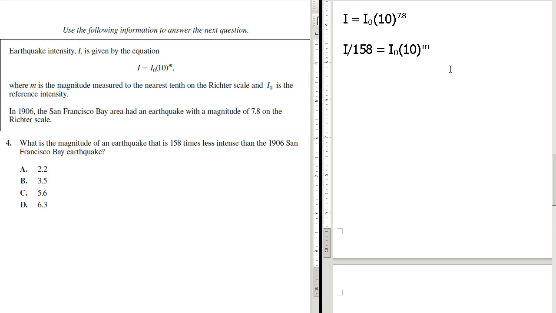Just swing over the 158, so I is equal to 158 times, I won't use an x, I'll just use a bracket, I0 times 10 to the power of m.